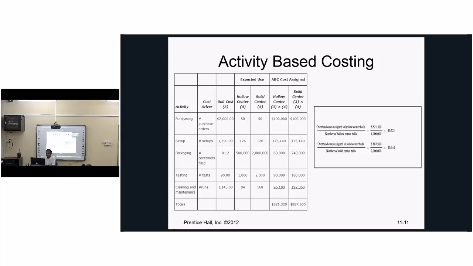Again, the setup cost has been allocated to hollow center and the solid center based on the activity-based costing. Packaging has been allocated. Let's see the difference. Hollow center requires less packaging and solid center requires more packaging.